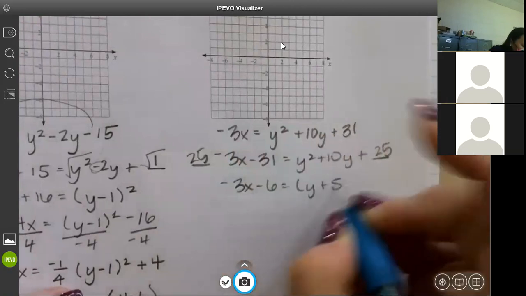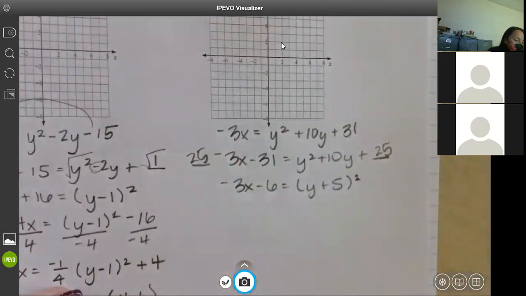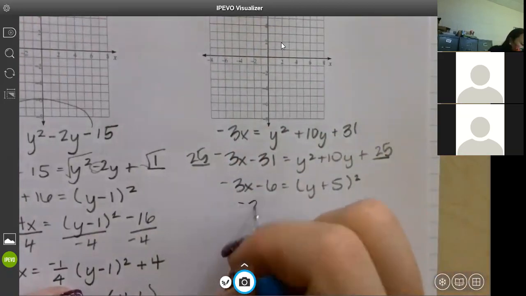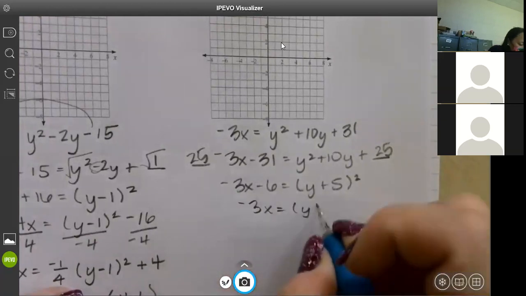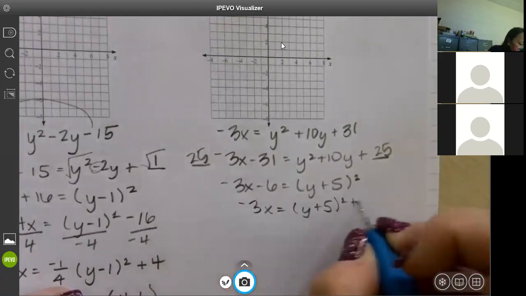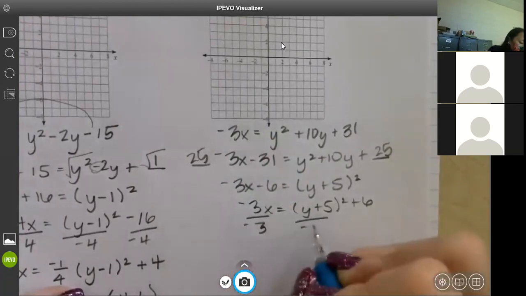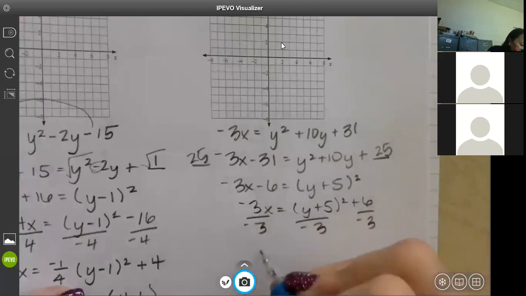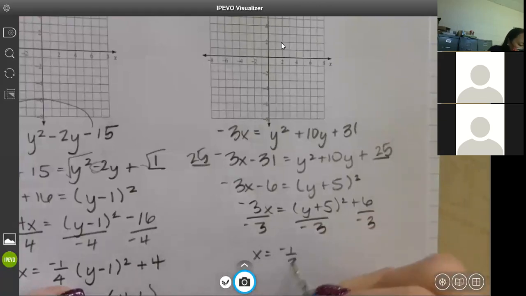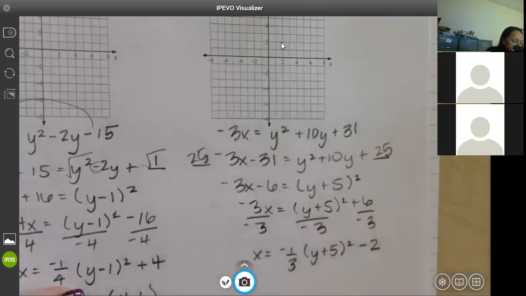Rewrite y plus 5 squared. Add your 6, so -3x equals y plus 5 squared plus 6. And then divide by -3. We get -1/3 y plus 5 squared minus 2.